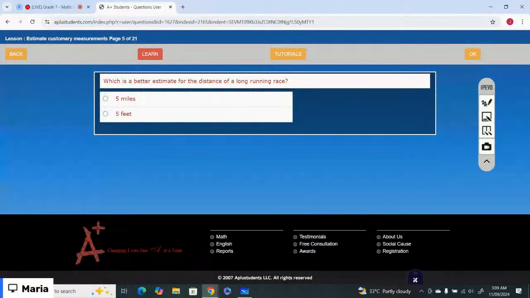Which is the correct one? That is a long running race. So the correct option is 5 miles.